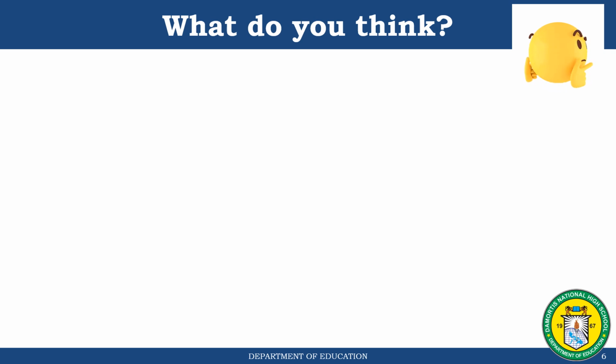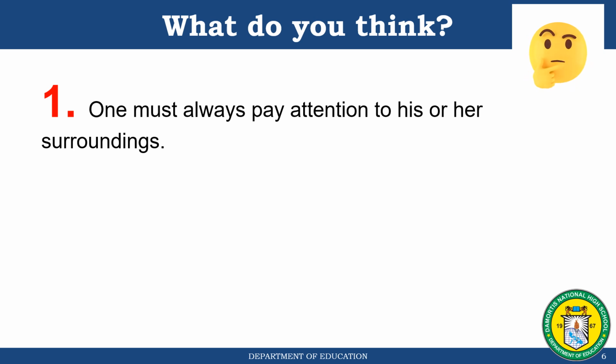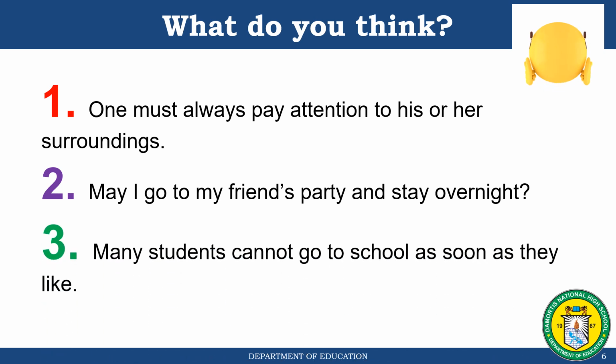Let us know the types of modals by doing this activity entitled, What do you think? So let me read to you the 3 sentences. 1. One must always pay attention to his or her surroundings. 2. May I go to my friend's party and stay overnight? And 3. Many students cannot go to school as soon as they like.